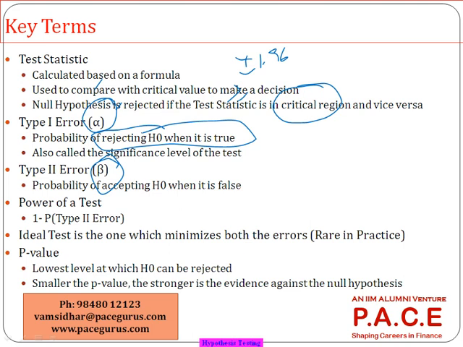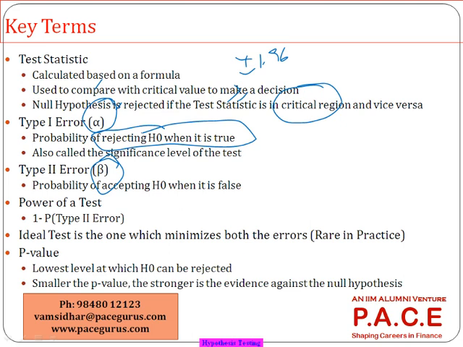Sometimes people also call it the level of significance. So the probability of a type 1 error is nothing but the chance of rejecting a null hypothesis when it is actually true and it should not be rejected. That possibility is definitely there, and depending on the significance level that we are setting, we will have that much probability of rejecting or not rejecting the null hypothesis.